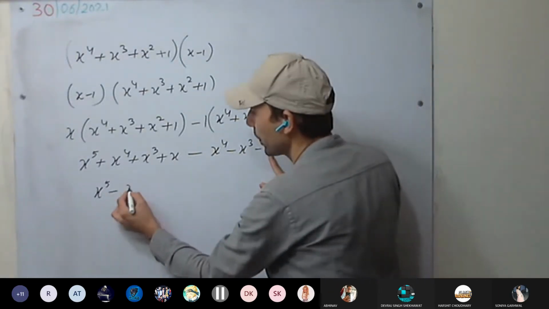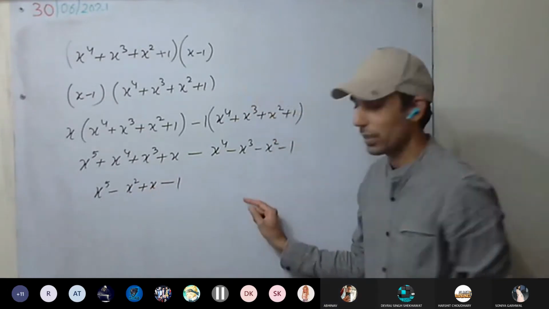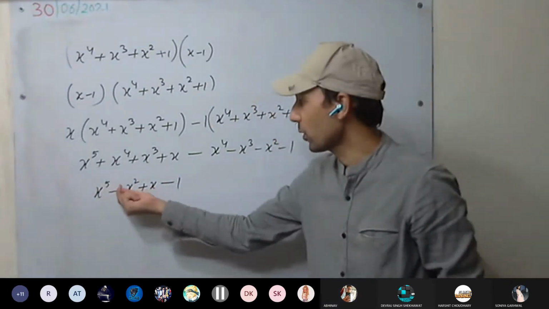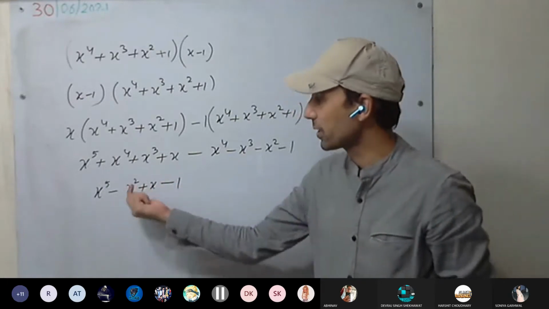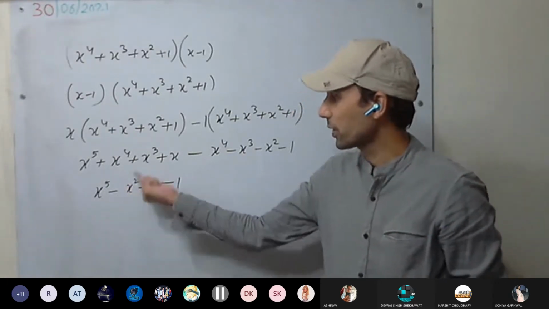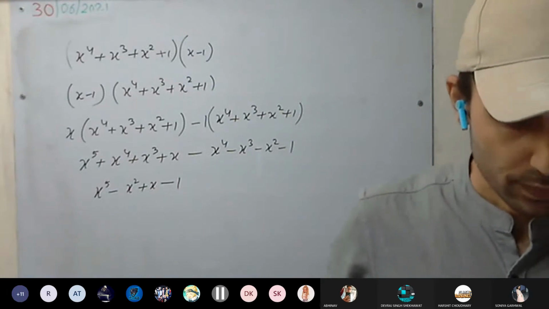So we have x to power 5 minus x square plus x minus 1. We have written in descending order of powers of x. You can write them in any order, it doesn't matter. You can write x first, then minus x square next.